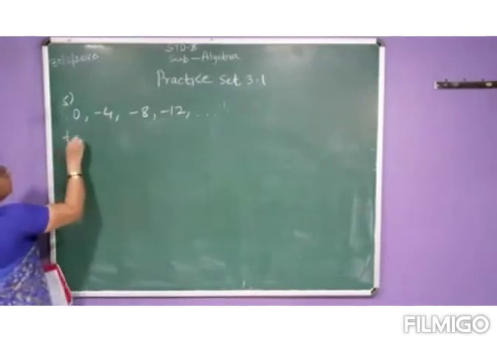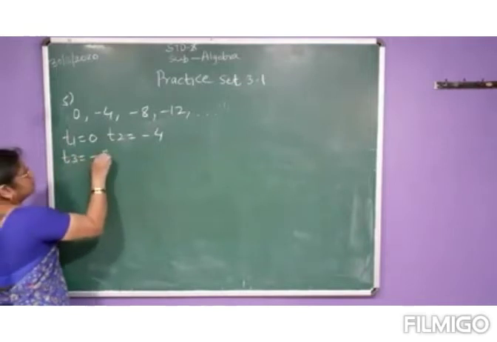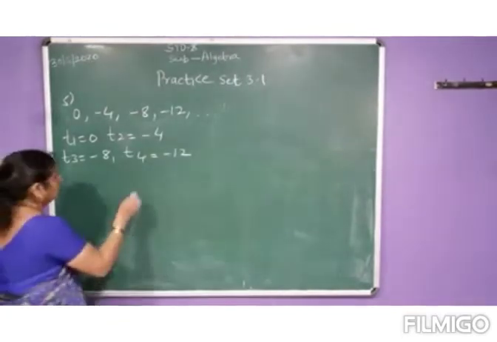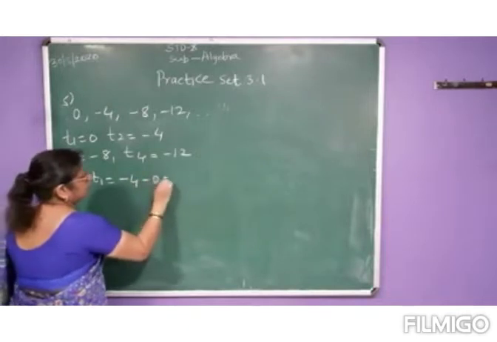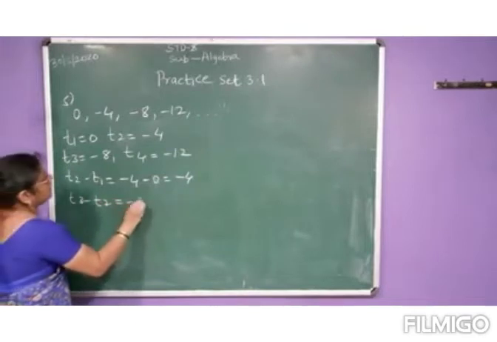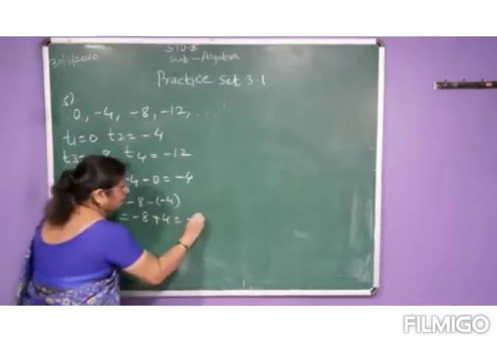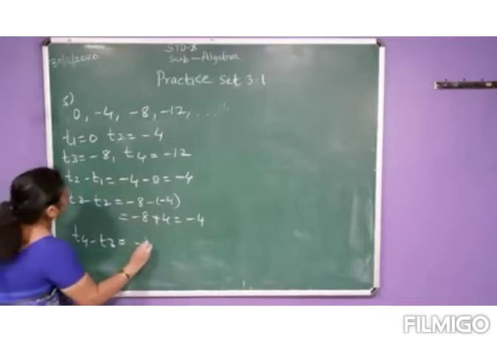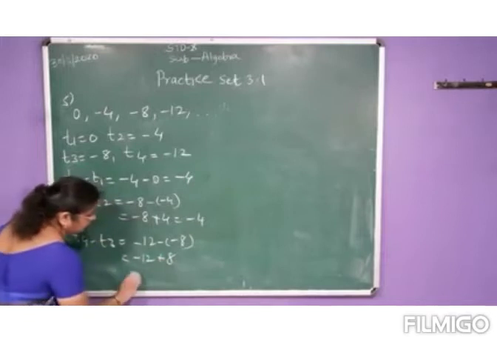Now here T1 is 0, T2 is minus 4, T3 is minus 8 and T4 is minus 12. Now here T2 minus T1, minus 4 minus 0, minus 4. T3 minus T2, minus 8 minus of minus 4. So minus 8 plus 4, minus 4. T4 minus T3, that is minus 12 minus of minus 8. Minus 12 plus 8, minus 4.